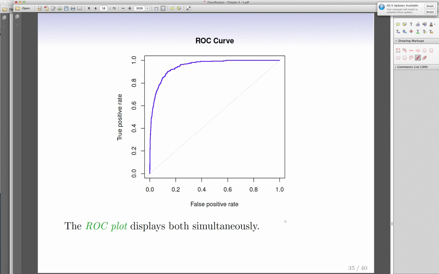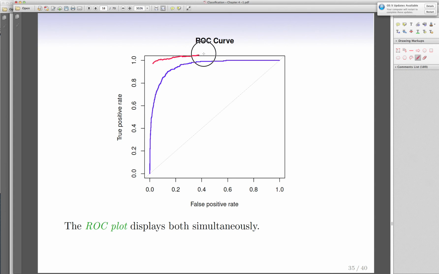And here is our ROC curves. You can show the power of the test and type 1 error simultaneously for different thresholds. You basically want to have a model that is closer and closer to this part.